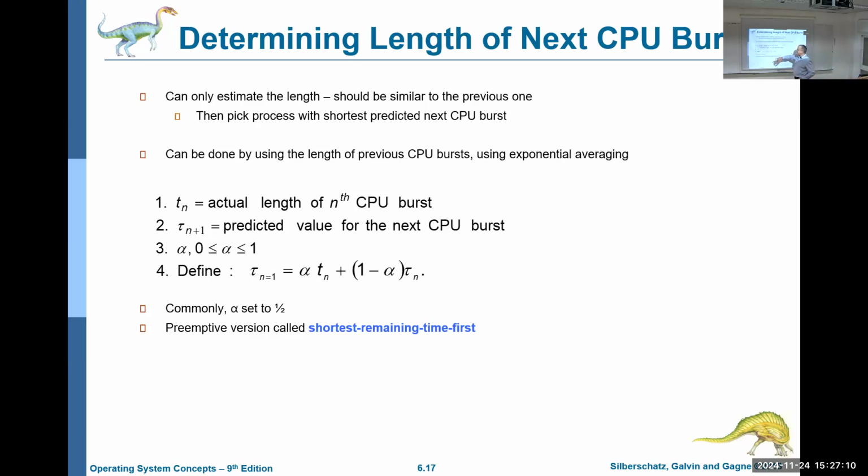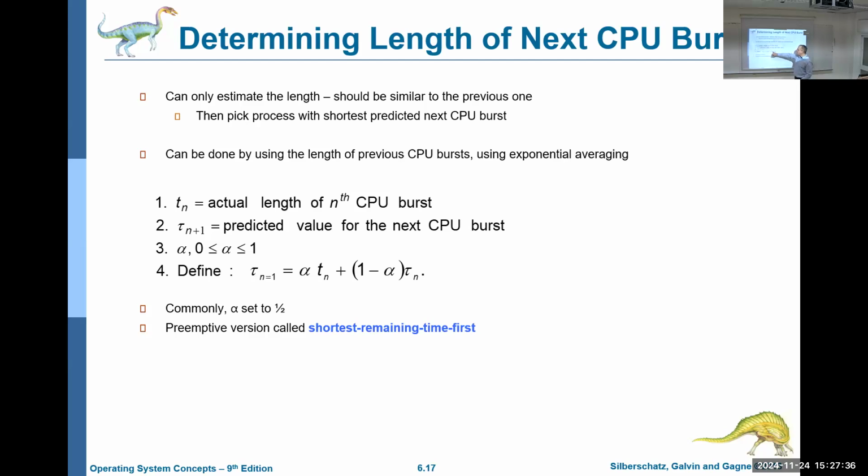So in other words, if the first time I have a priori, I just decide that my prediction is always 10 microseconds. Let's say alpha is 50%. Alpha is set to a half. So half of my prediction for the next burst will be based on the current burst. That's alpha times t of n.